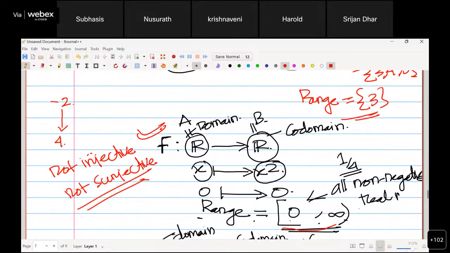What is the image of 2 here? Still 4. So it's not one-to-one. Both are going to 4, right? Is it allowed for a one-to-one function? No, sir. So then this is not injective, right?